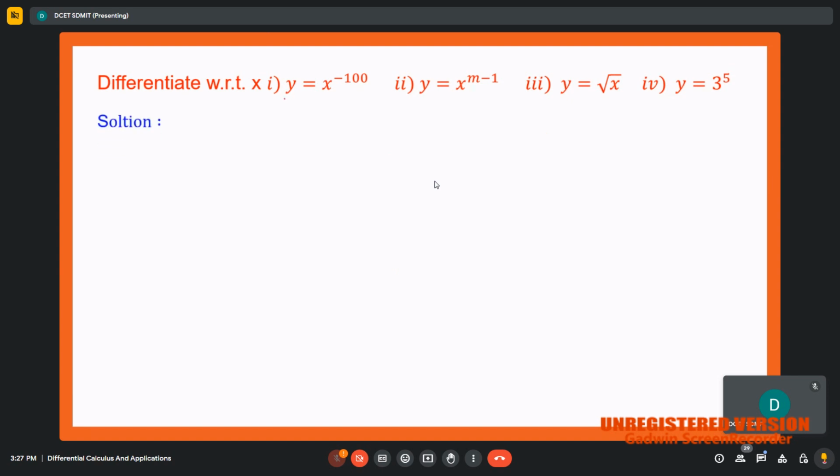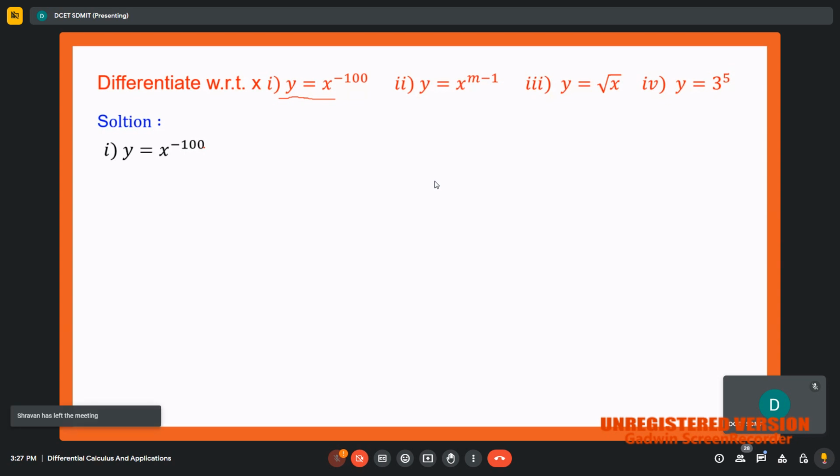First problem is differentiate with respect to x. We have to differentiate this one with respect to x. First one, y is equal to x to the power of minus 100. Now see here, y is equal to x to the power of minus 100. To differentiate this, that means we have to find out dy by dx.